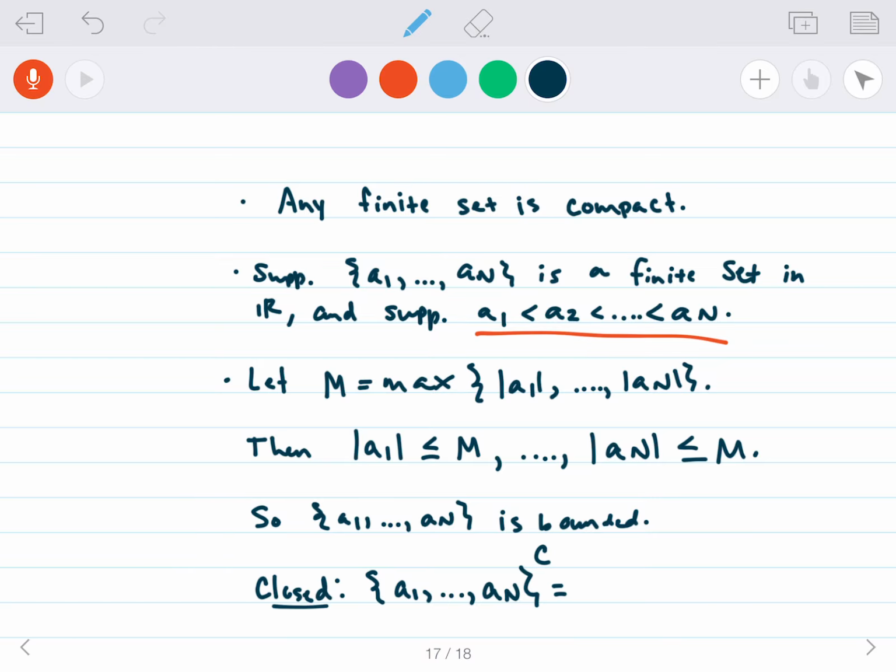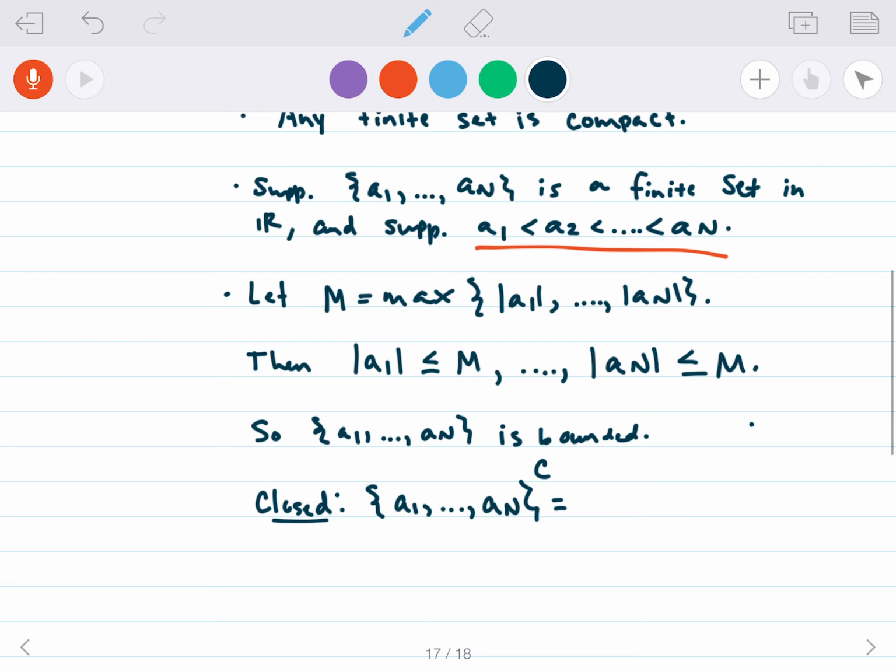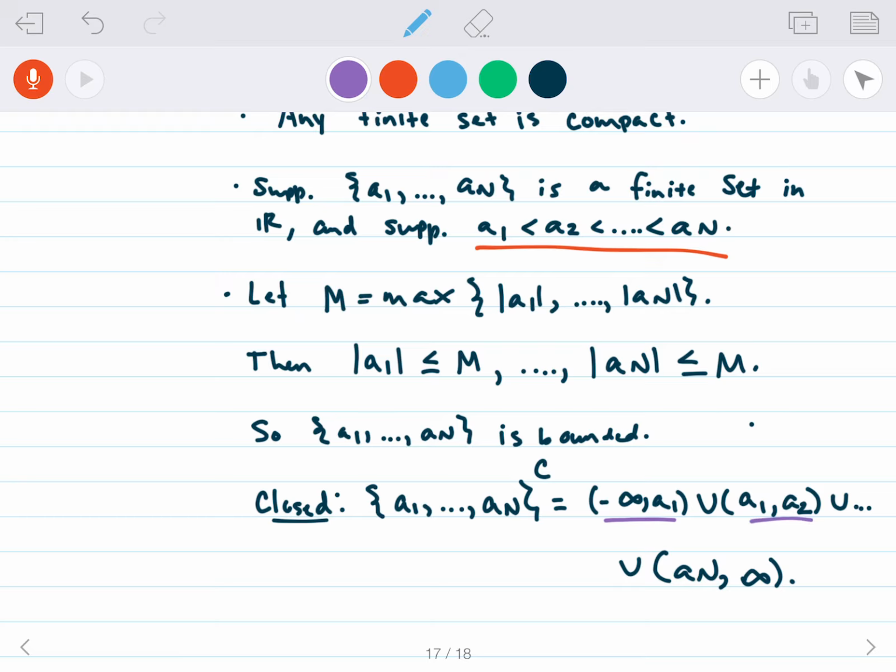If we take away everything in this set from the reals, the complement is going to be negative infinity to a1, union a1 to a2, union ... union a_n to infinity. And we know that a union of open intervals is open.